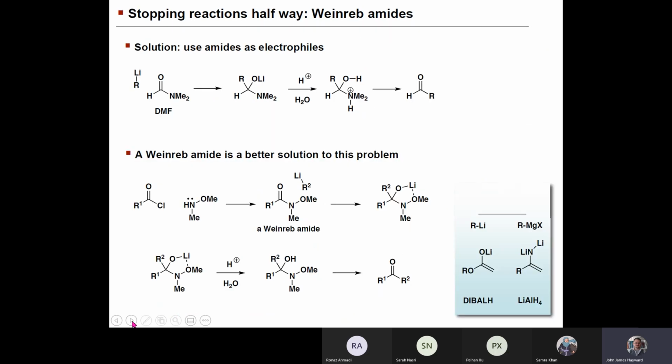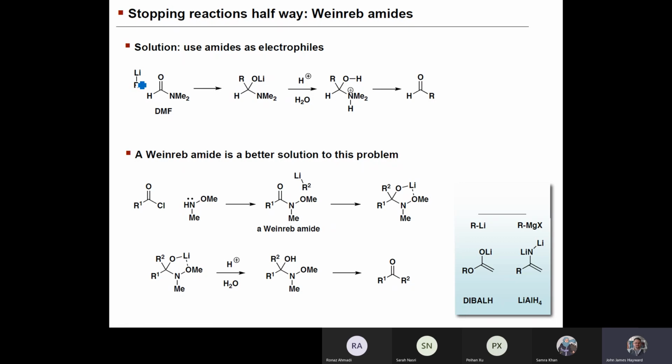So what's our possibility? Well, we can use amides as electrophiles. We actually saw this in the last lecture when we were talking about ortholithiation, and we said that we could generate an aldehyde by adding into DMF. So we have seen this.